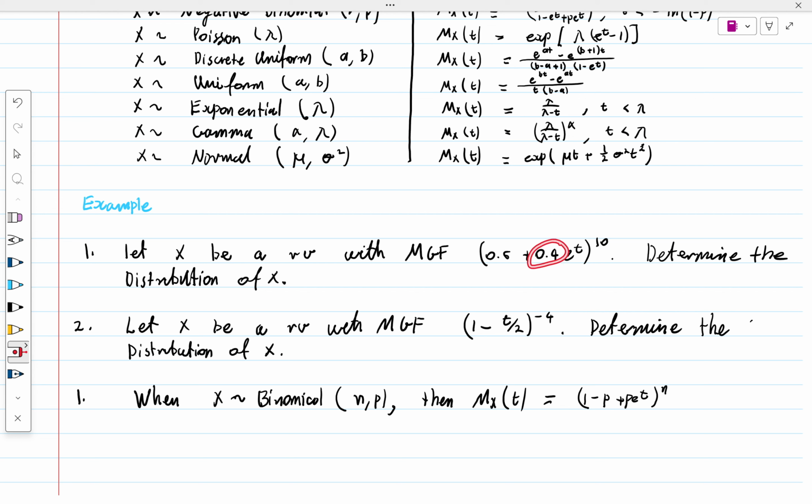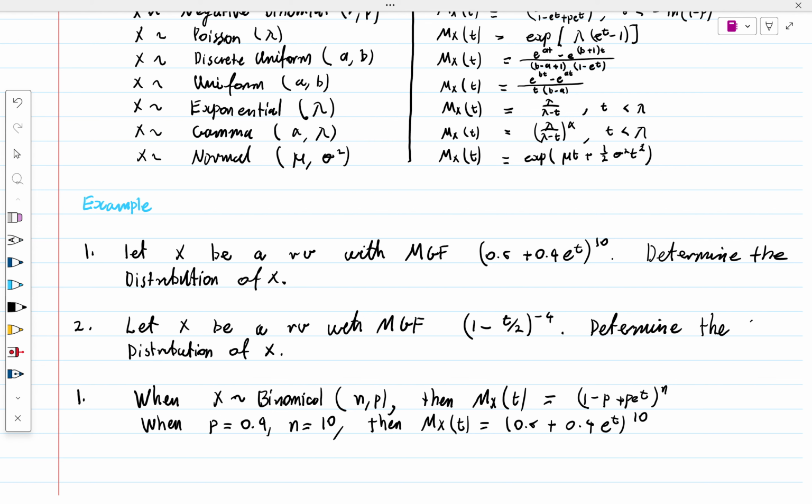Notice if I substitute a value of p equal to 0.4 and a value of n equal to 10, so when p is equal to 0.4 and n is equal to 10, then the moment generating function of X becomes 1 minus p, which is 1 minus 0.4, which is 0.6, plus 0.4e^t, to the power of 10.